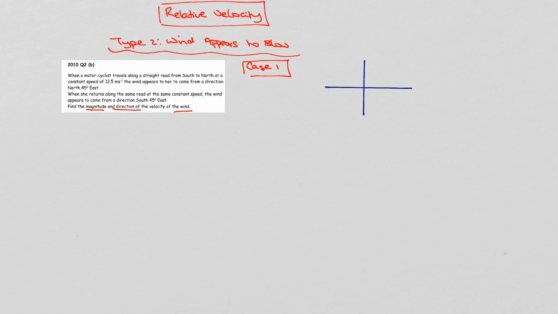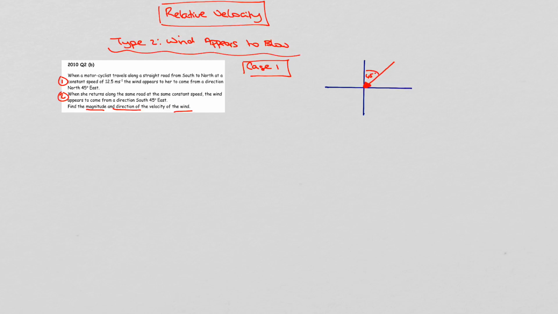So we're told in case 1, so I'll mark here on the question, case 1 versus case 2. In case 1, we have the wind appears to come from a direction of 45 degrees north of east. So it's coming from that direction, and it's 45 degrees north of east.